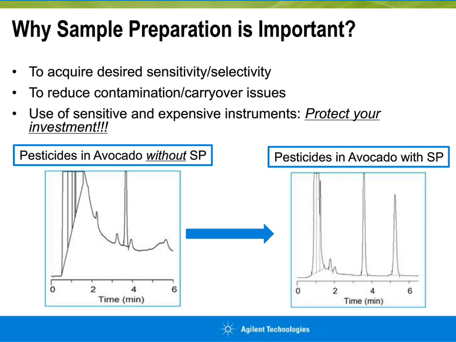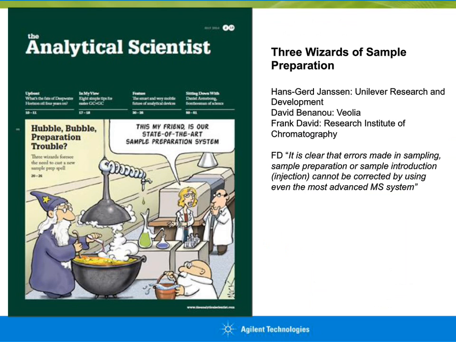In the latest issue of The Analytical Scientist, a group of sample prep scientists were discussing sample prep in general. And Frank David from the RIC stated in the article, "It is clear that errors made in sampling, sample preparation, or sample introduction, like injection, cannot be corrected by even the most advanced MS system."